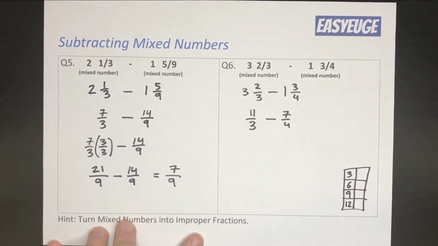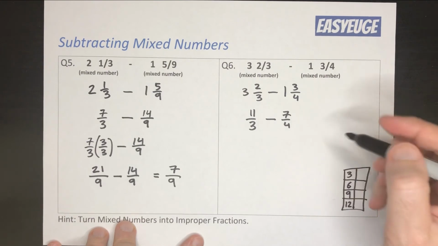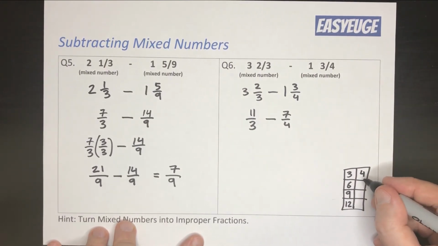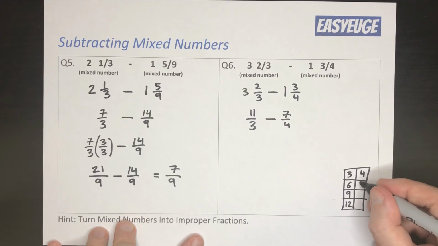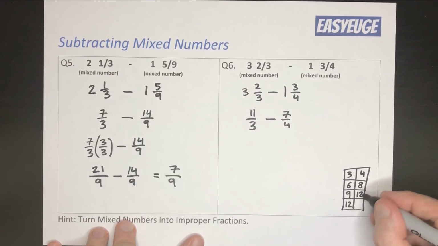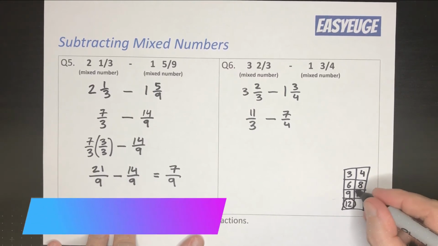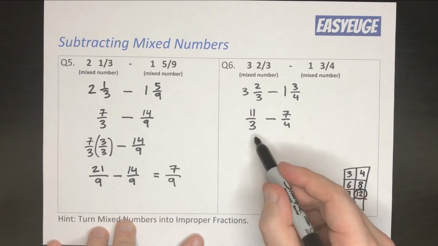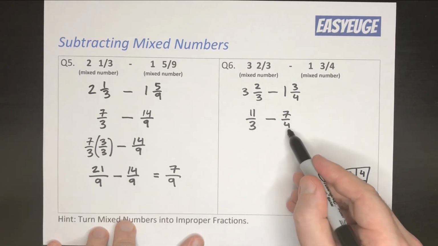Let's go down that far. Let's take 4 and we'll write down all the multiples of 4 until we get a match. 4, 8, 12. There we go. We have a match. 12 and 12. It's a bit like bingo. The numbers appear in each column. So let's turn that 3 into a 12 and that 4 into a 12.